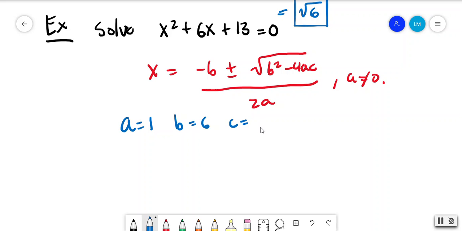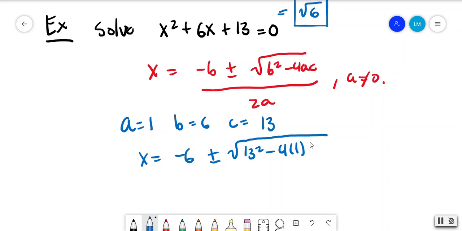So x equals negative 6 plus or minus the square root of, actually, it's 6 squared, minus 4 times 1 times 13.